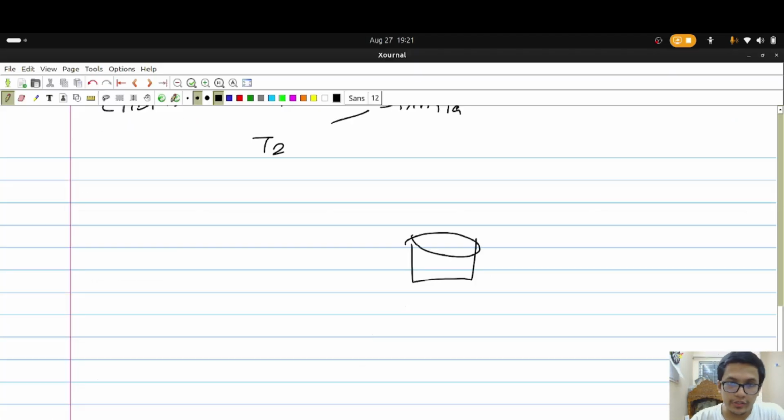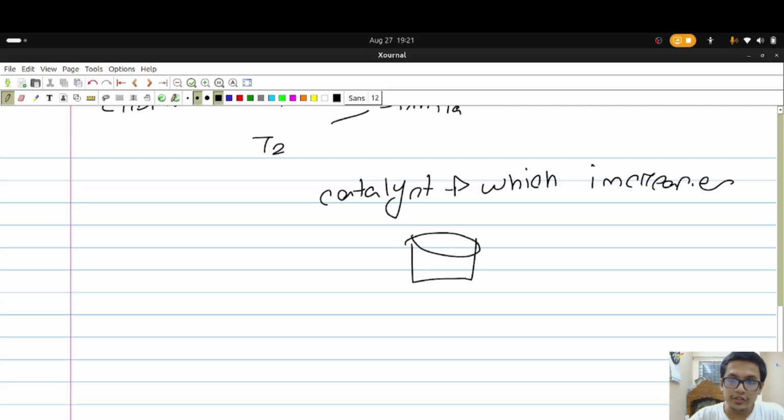In chemistry, a catalyst is a substance which increases the rate of a reaction. So we can think of a catalyst as something which increases the rate of something. Here it means technological advancements.